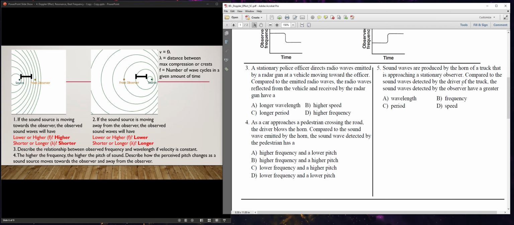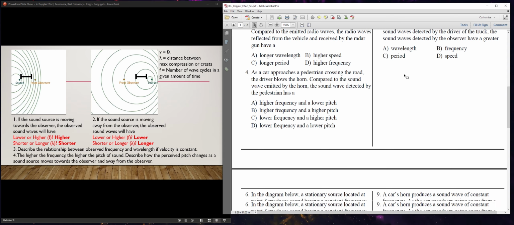So that's number 4. Number 5 is referencing, you guys can figure it out for yourself. Same thing. Sound waves are produced by a horn of a truck approaching a stationary observer.